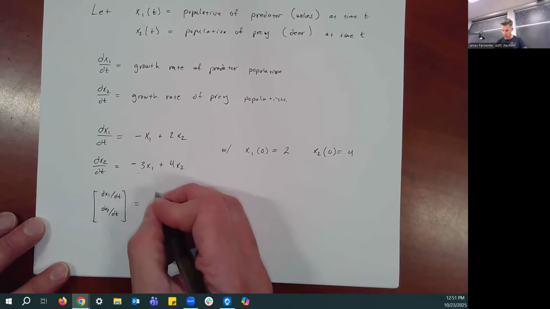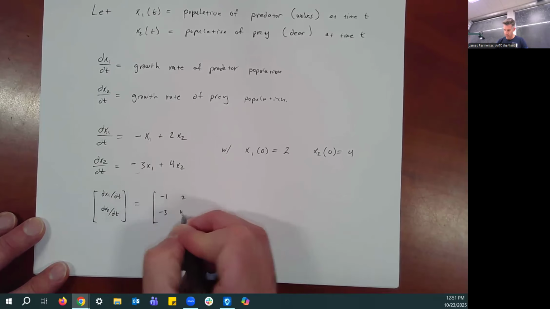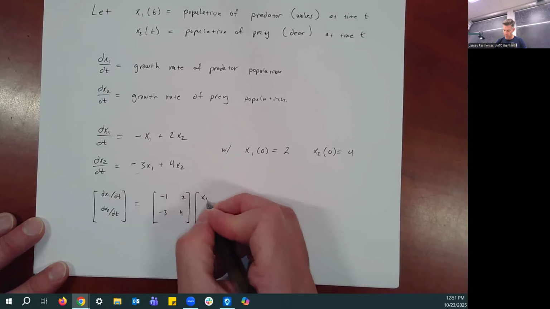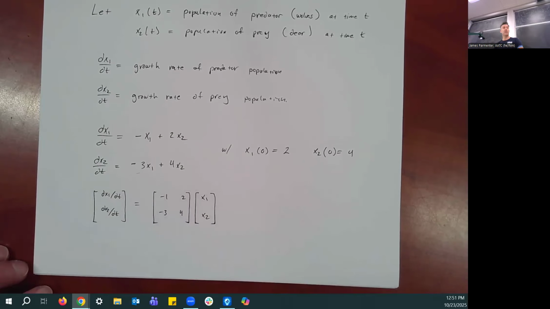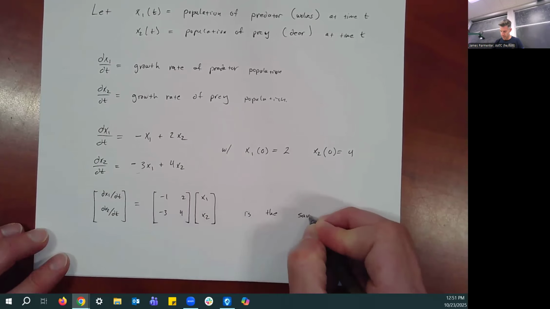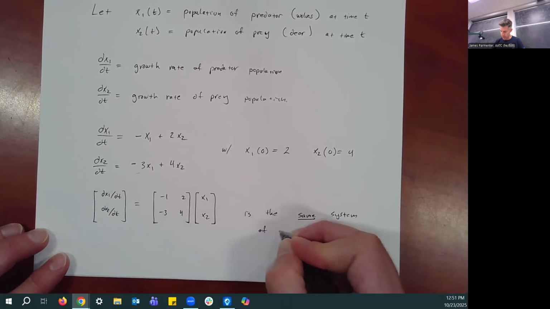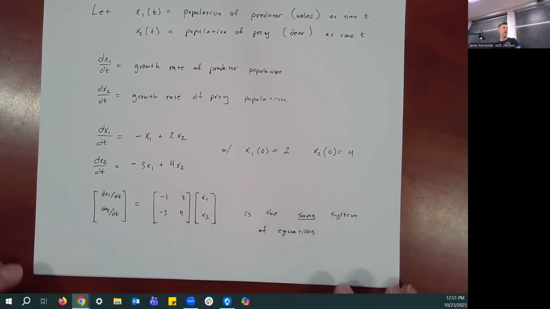It's equal to the coefficient matrix, -1, 2, -3, 4, multiplied by the variable vector, x1 of t, x2 of t. That is the same system of equations, just written as vectors and matrices.